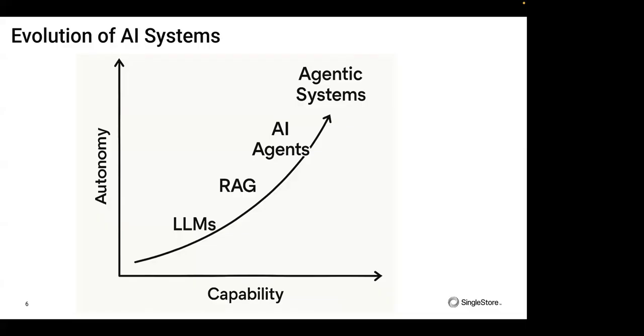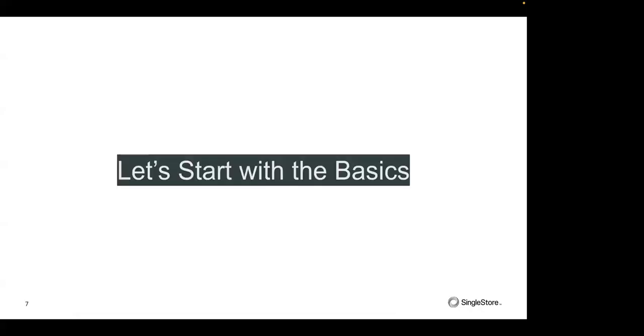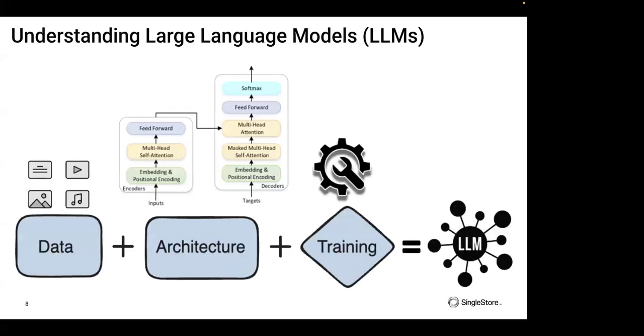And then came agentic systems, where a lot of AI agents came together to help you build these agentic systems. We'll talk about agentic systems and AI agents more, but I just wanted to show you where we are right now, and this evolution is still moving up. But let's start with the basics, obviously with LLMs.